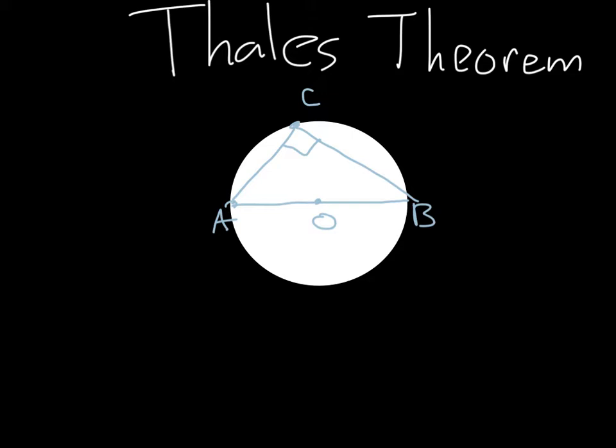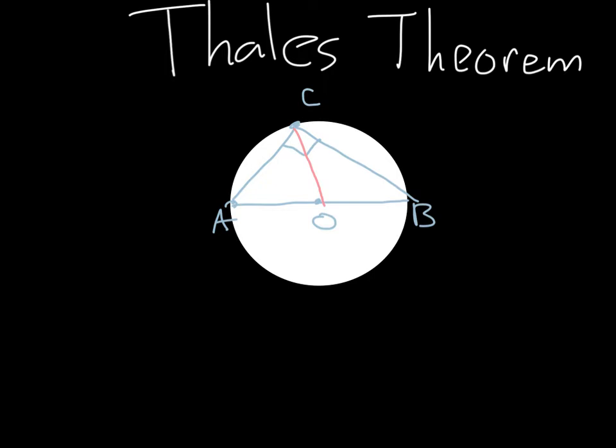So the key here is we're going to draw a line from the origin. Let me draw that a little bit better. From the origin to C. Now, if we think about this, what do we know? Well, we know that any line from the origin to the boundary of the circle is a radius.